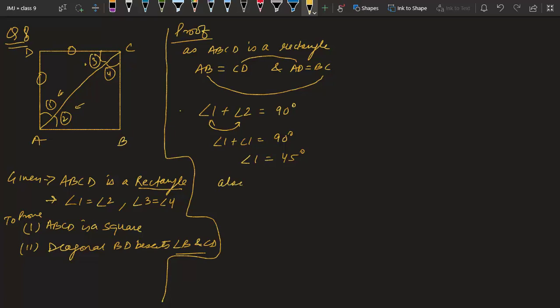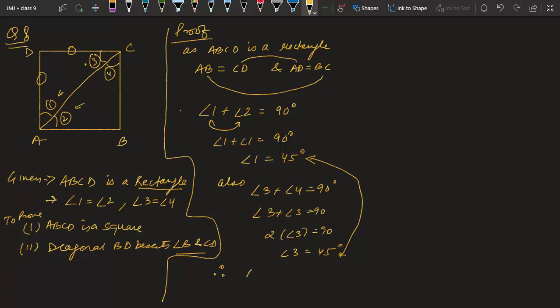Now let's see. Angle 3 plus angle 4 is equal to 90 degrees, because in a rectangle all angles are right angles, and we can say 3 plus 3 is equal to 90, which gives me twice angle 3 is equal to 90, and angle 3 is equal to 45 degrees. As these two are equal, the sides opposite to them are also equal.